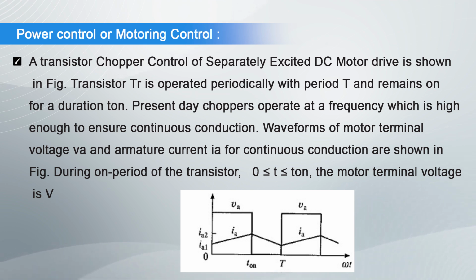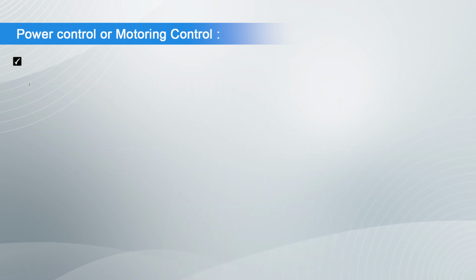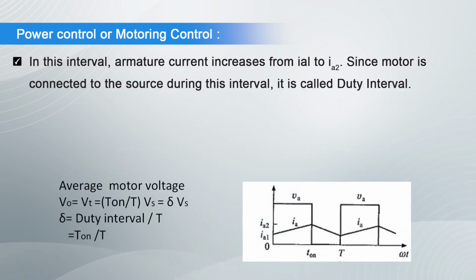Waveforms of motor terminal voltage VA and armature current IA for continuous conduction are shown in the figure. During the on period of the transistor, that is when time is between 0 and T on, the motor terminal voltage is capital V. In this interval, armature current increases from IA1 to IA2.